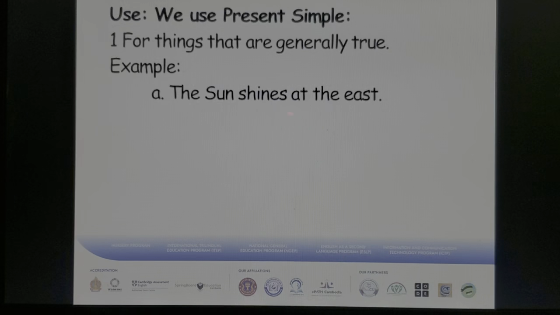Is that correct? Yes, the sun rises in the east. So, generally true. One more: vegetarians don't eat meat. Is it true? Yes, that's true. So for the things that are generally true, we use present simple.